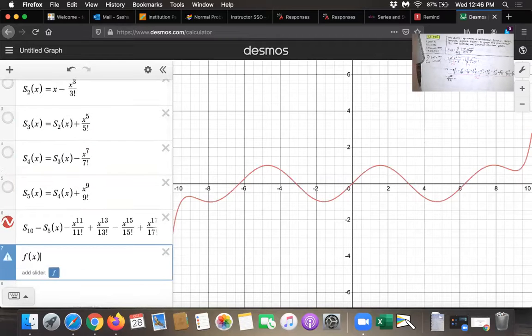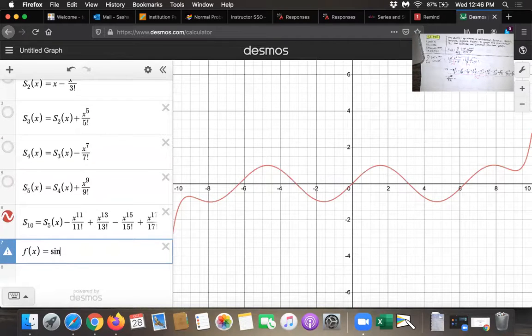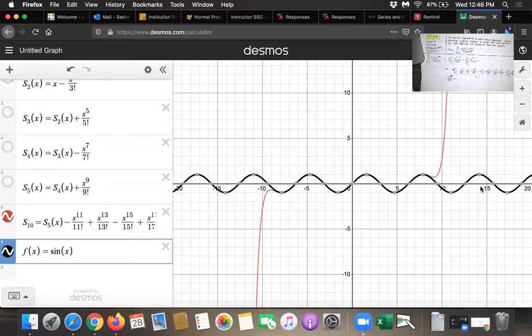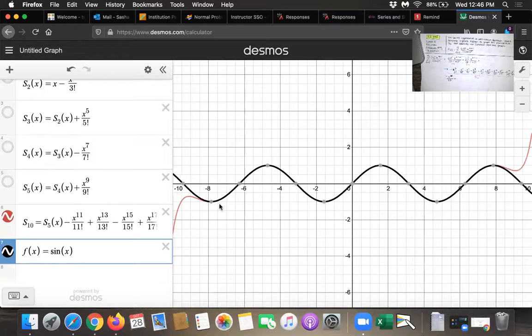So I'm going to graph f of x equals sine of x. Look at that. So there's the sine function, and there's the 10th partial sum. It's indistinguishable from the sine function between, it looks like, negative 8 and 8 approximately.